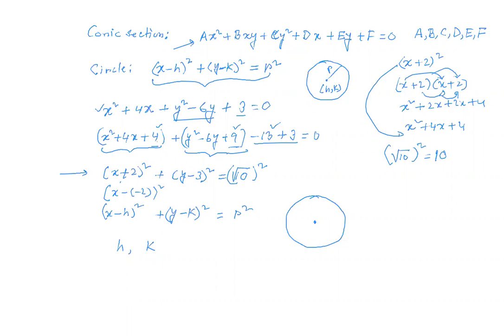Whole square plus y minus 3 whole square is equal to square root of 10 whole square. So look, x minus h, so h will be -2. H is -2. Y minus k, so this minus and this minus is the same. K is 3. So this is centered at -2, 3.